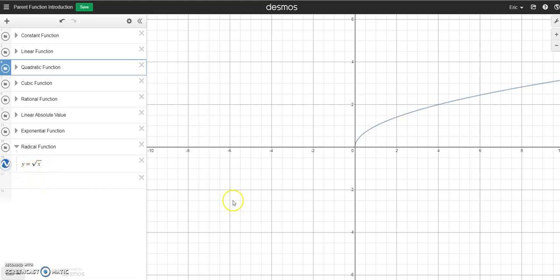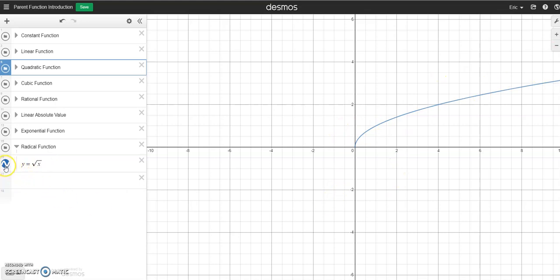When I turn it on, there's the picture it makes. Now, to me, this graph kind of resembles the square root symbol. And you have to have an imagination, but if you recognize the little curved thing in the square root symbol. So radical, square root, kind of makes this little root symbol.